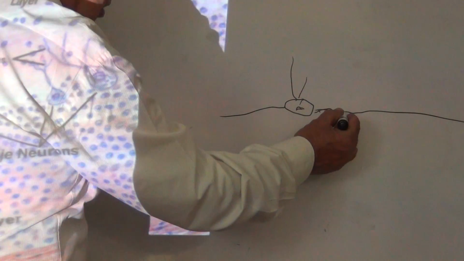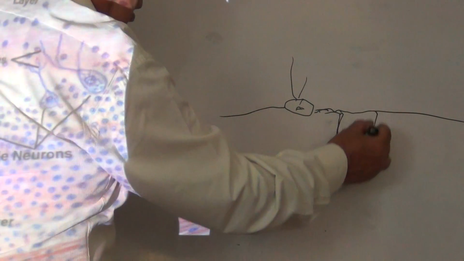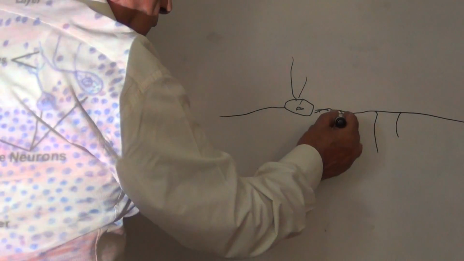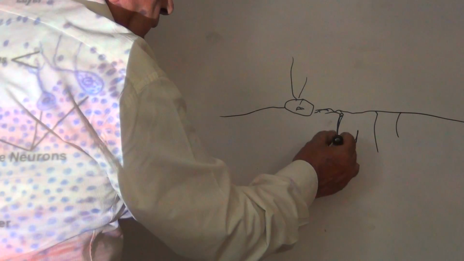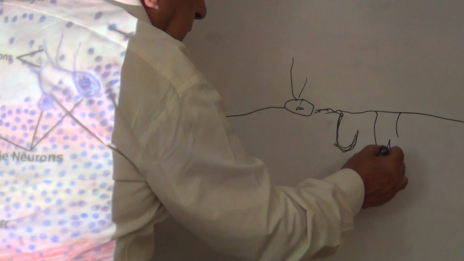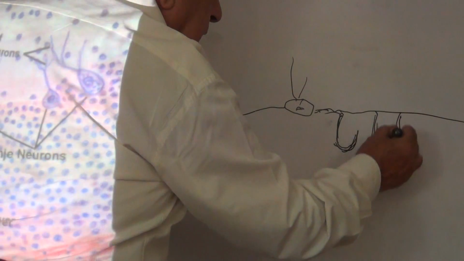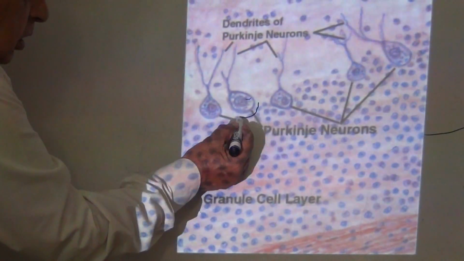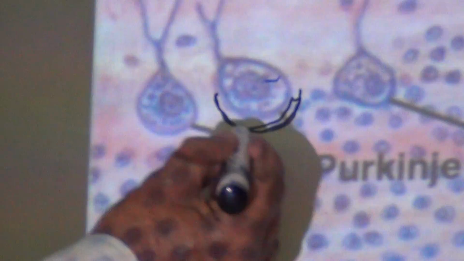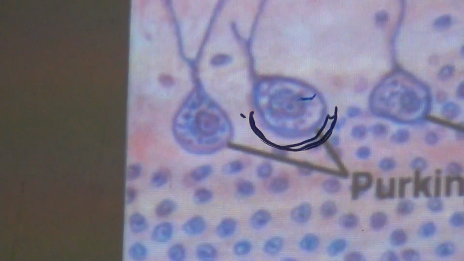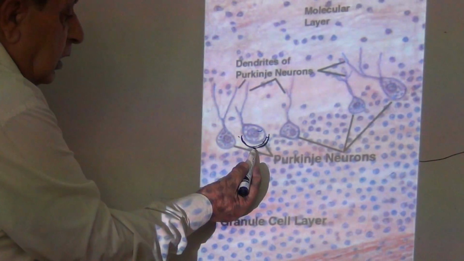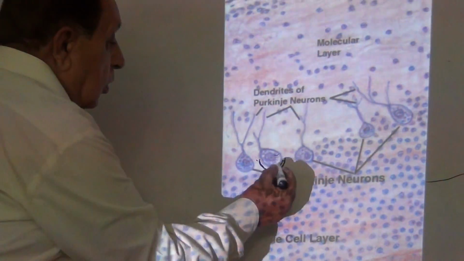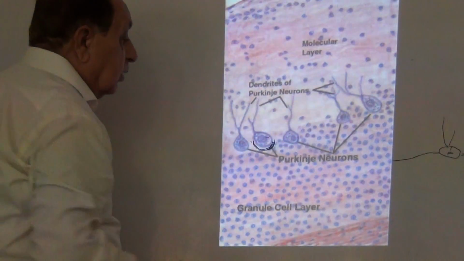The branches from these axons move downwards and form basket-shaped areas. These areas cover the lower part of the Purkinje cell, or you can say the Purkinje cells remain in these basket-shaped areas.